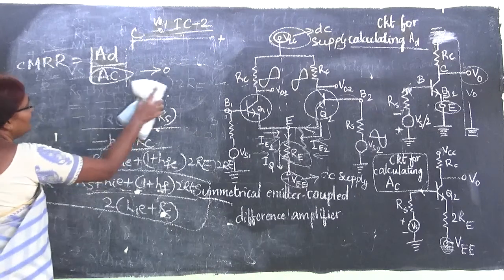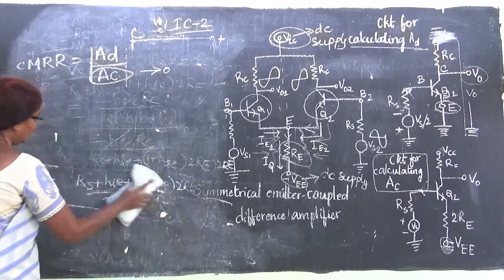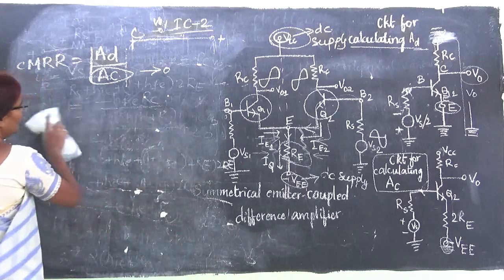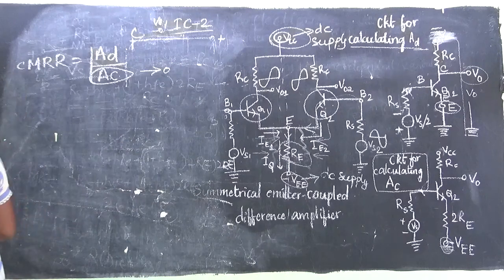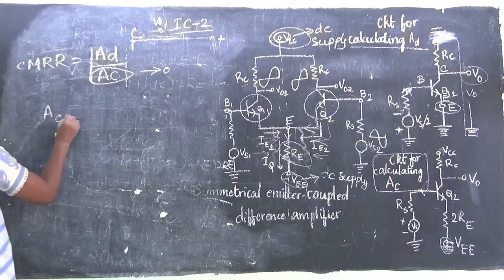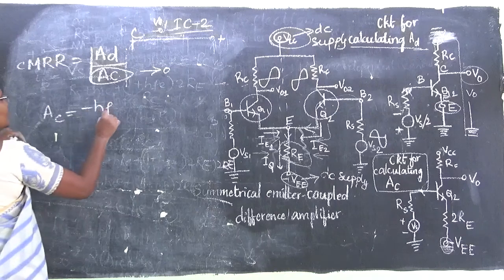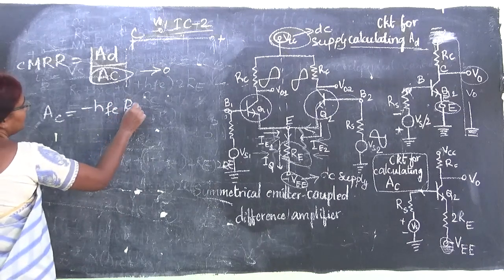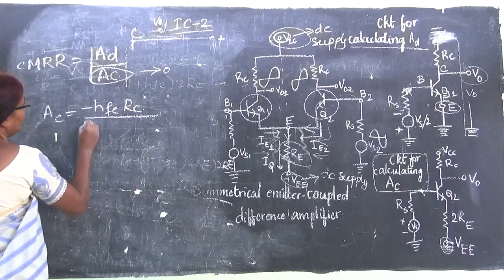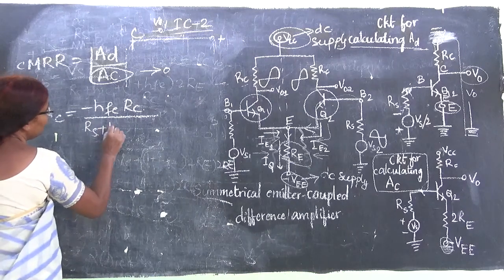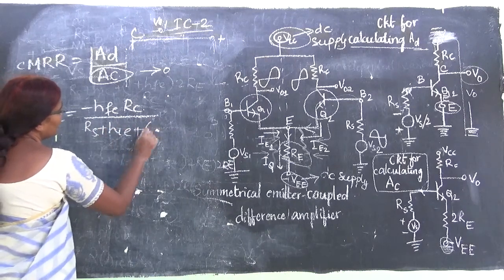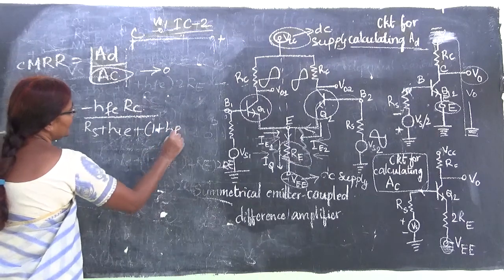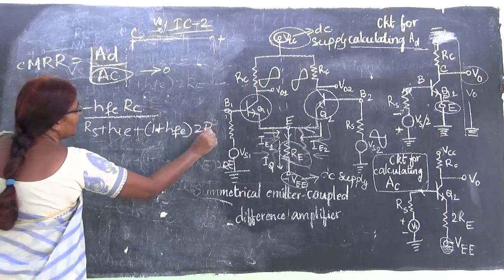What is the AC value which I got here? AC is equal to minus hfe RC divided by Rs plus hie plus (1 plus hfe) into 2RE.